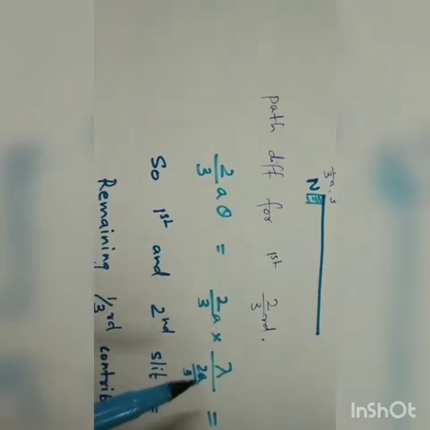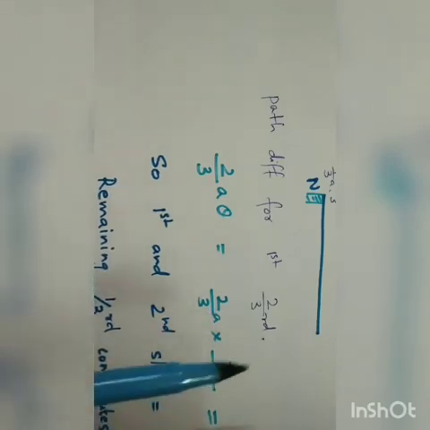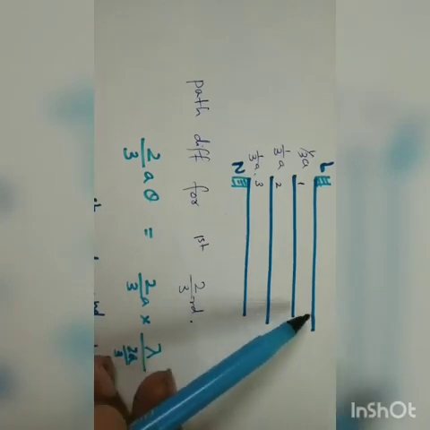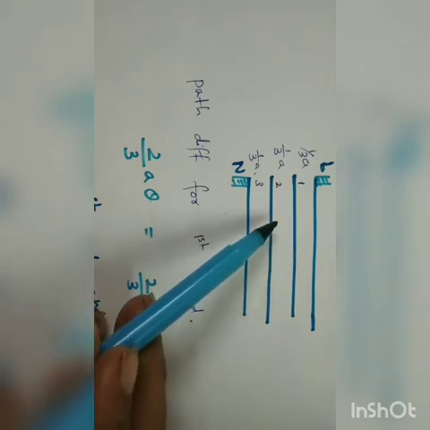The a cancels, and finally you get lambda. So the path difference of these two parts is lambda, and each of them is lambda by 2 and lambda by 2.